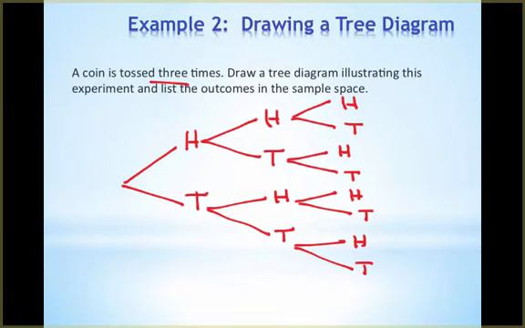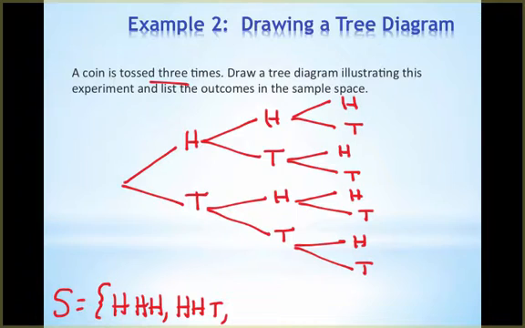So now our sample space would be made up of, well, the first thing is we could have all heads. The second one would be heads, heads, tails. Then we'd have heads, tails, heads, heads, tails, tails.